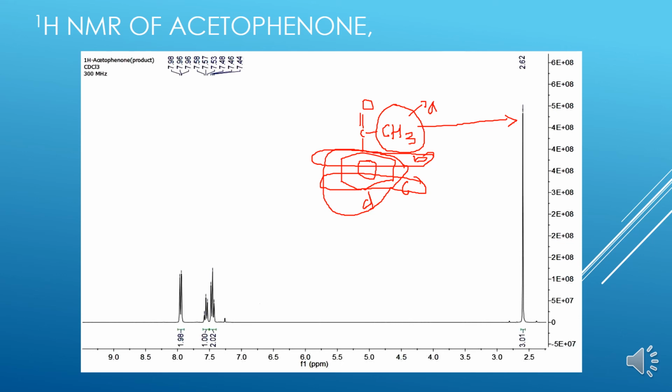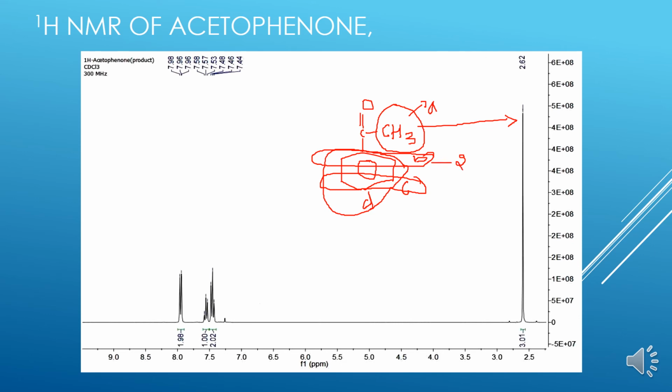The ortho protons split into two peaks because each has only one neighboring proton, the meta proton, in its proximity.